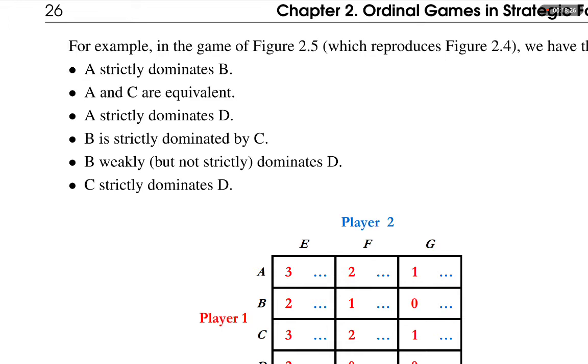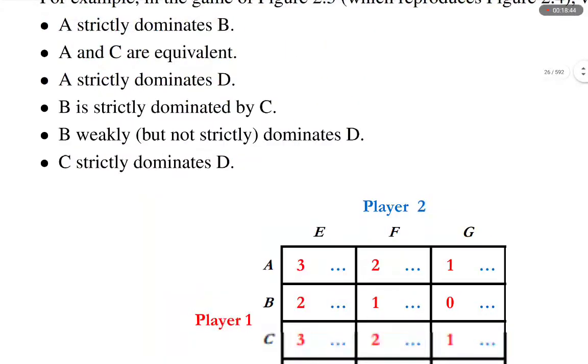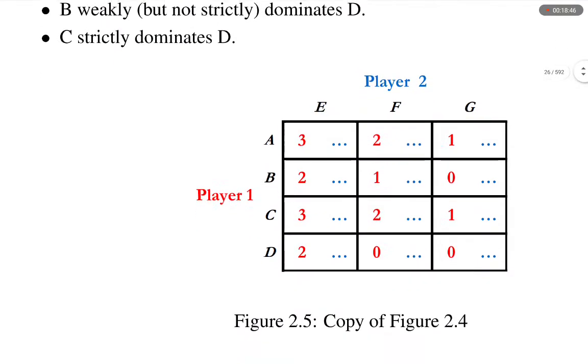Next, capital A strictly dominates capital D. Next, capital B is strictly dominated by capital C. Next, capital B weakly but not strictly dominates capital D. And finally, capital C strictly dominates capital D.